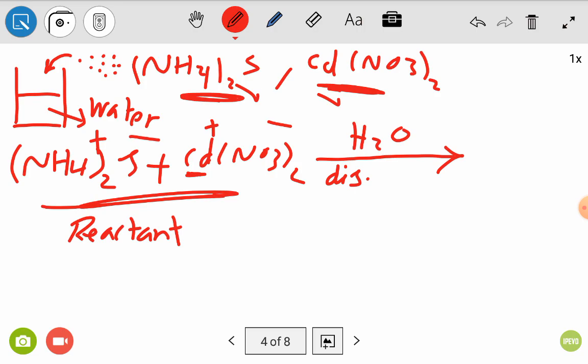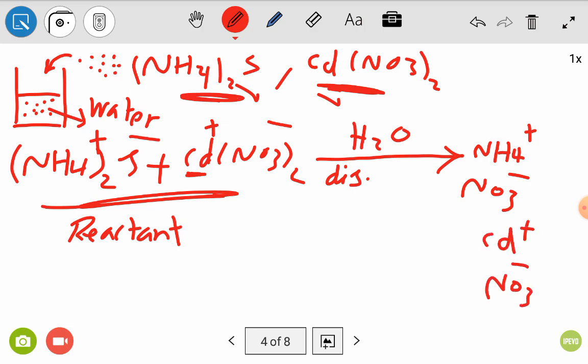We can see the dissolving process here between the intermolecular spaces of the water molecules is going to ionize both reactants and will produce a precipitate and another product in the form of an aqueous solution. The aqueous solution is supposed to be formed from NH4 as a positive ammonium ion, nitrate group, and don't forget that we have another reactant here, which is the cadmium positive ion and the nitrate negative one.